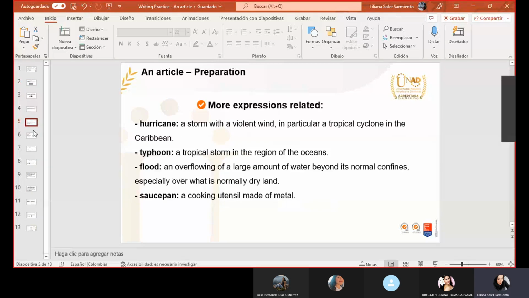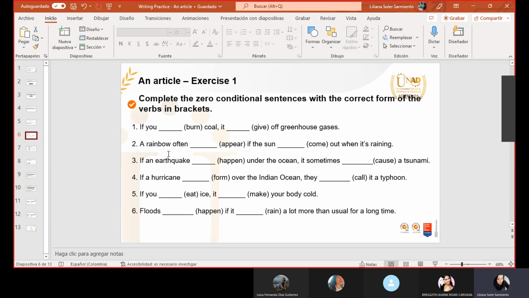In this case, the verb is the same verb. If you burn coal, it what is the correct form? Gives, with S at the end, because it's third person, it.